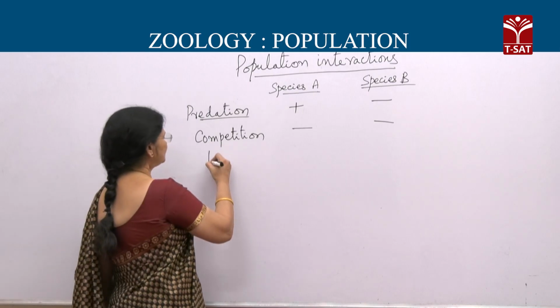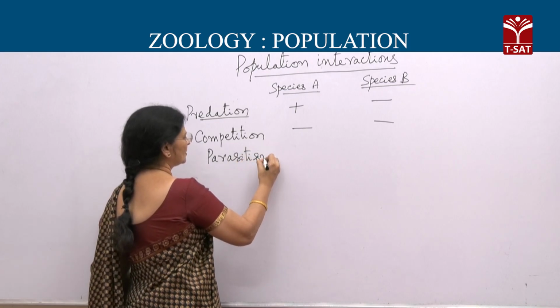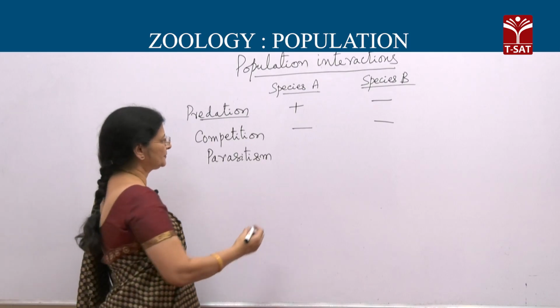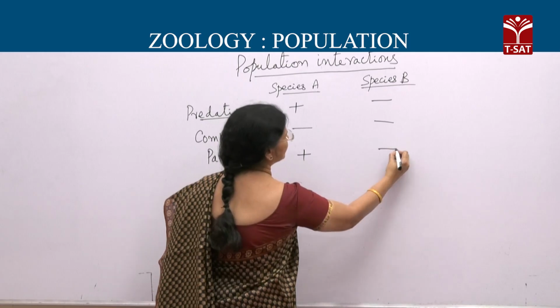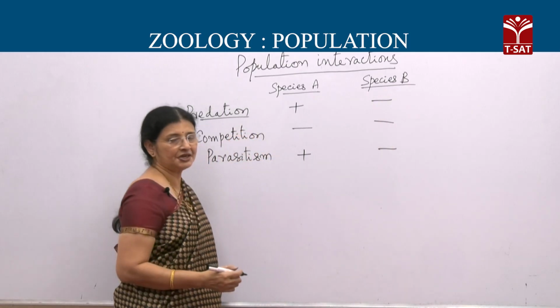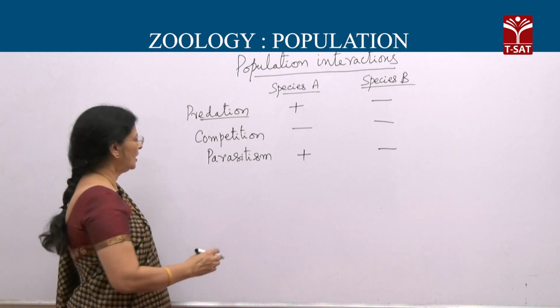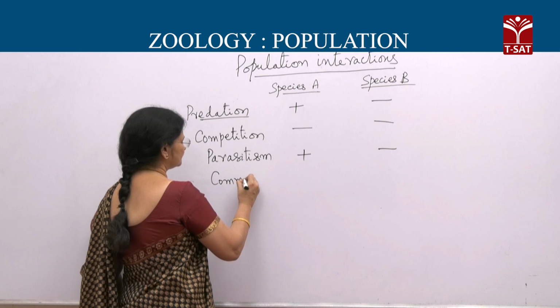Then parasitism. Let us consider species A as a parasite. It is getting benefited, but definitely the other one, the host, gets harmed. That is parasitism. And commensalism.